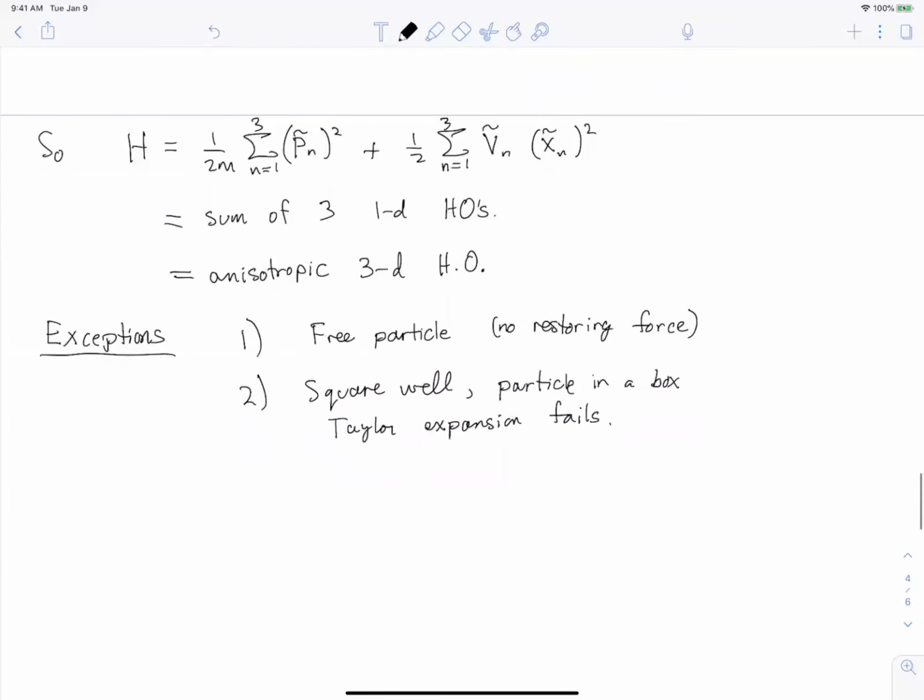Okay, and then there's a third class of examples that includes things like the hydrogen atom. So the problem with the hydrogen atom is that the minimum of the potential, V0, is actually not a constant finite number. It's actually negative infinity.